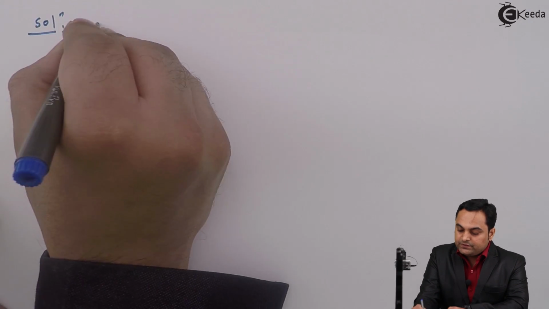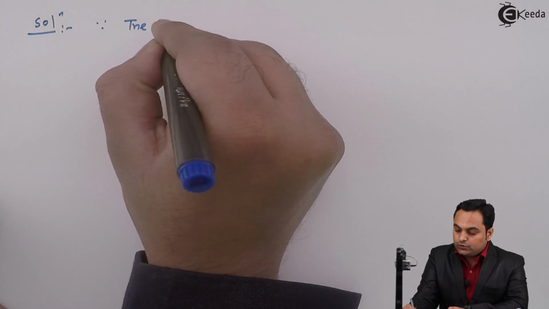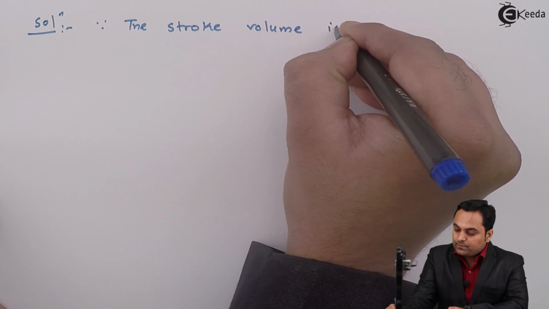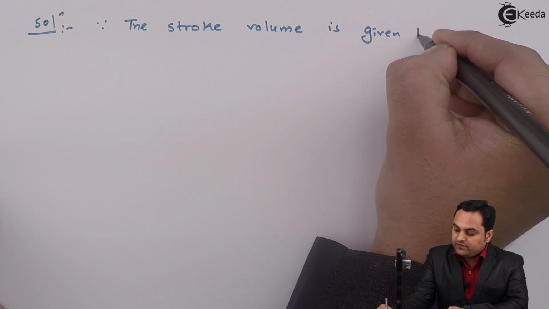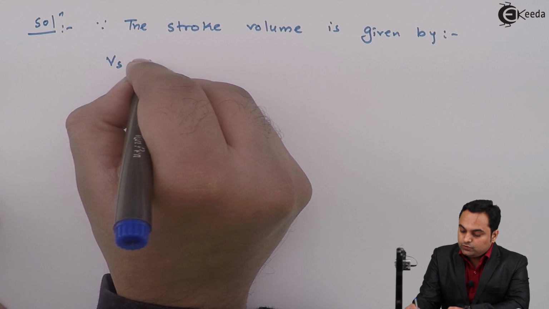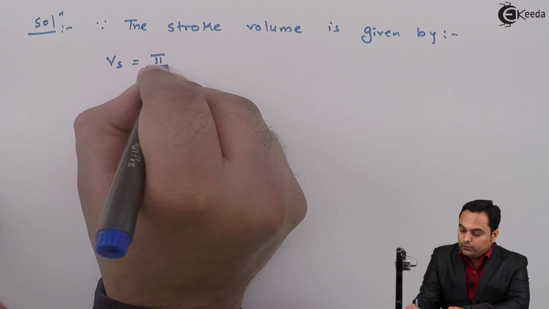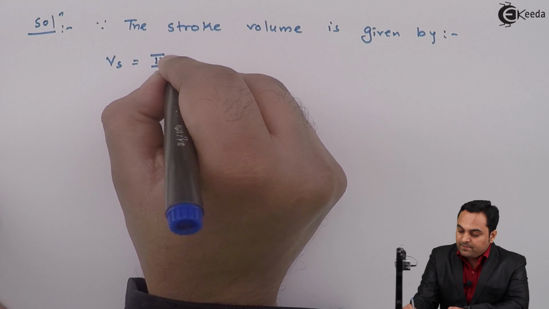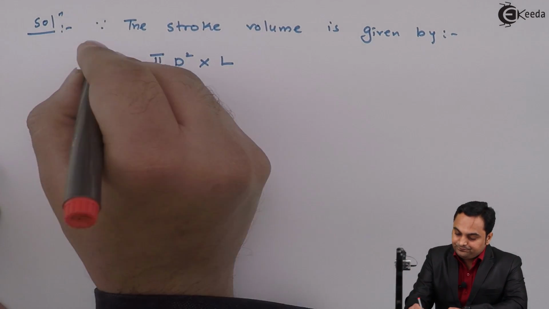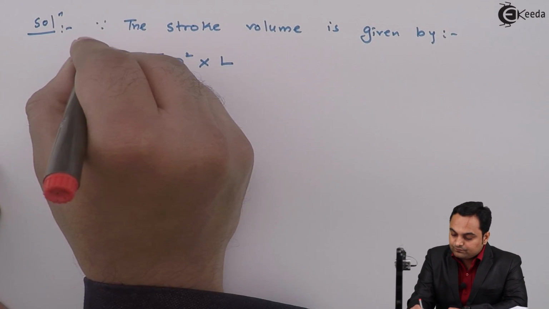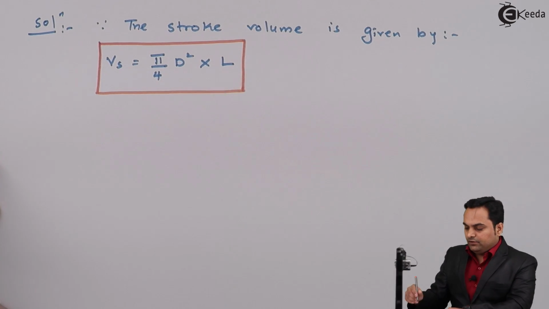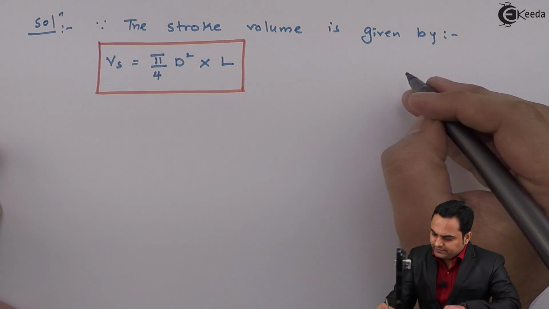Solution. The stroke volume is given by V suffix S is equal to area of the cylinder, pi by 4 into d square, multiplied by the stroke length L. Now this can be explained by drawing a diagram.